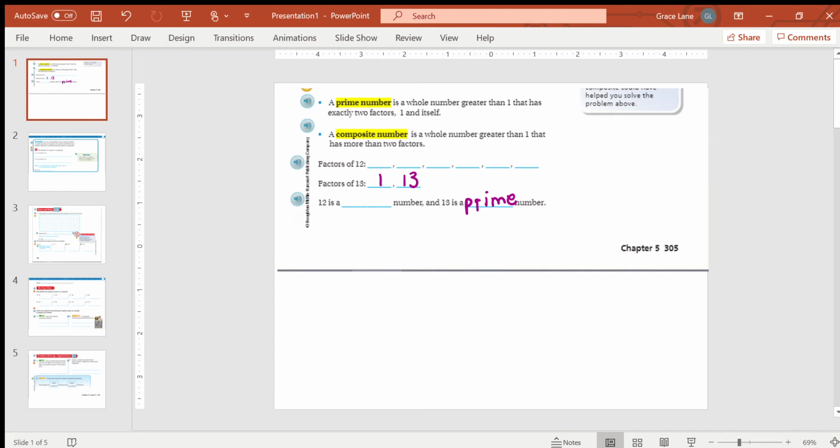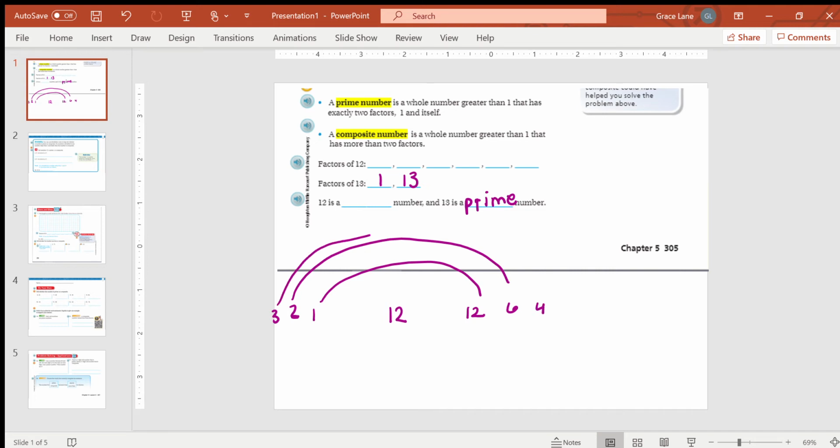It is a whole number greater than 1 that has more than 2 factors. So if you think about your factor rainbow again, for 12, I know that 1 times 12 is 12. I know that 2 times 6 is 12. I know that 3 times 4 is 12.